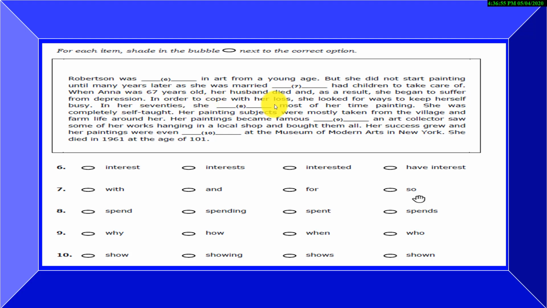In order to cope with her loss, she looked for ways to keep herself busy. In her 70s, she dashed most of her time painting. She was completely self-taught. Her painting subjects were mostly taken from the village and farm life around her.